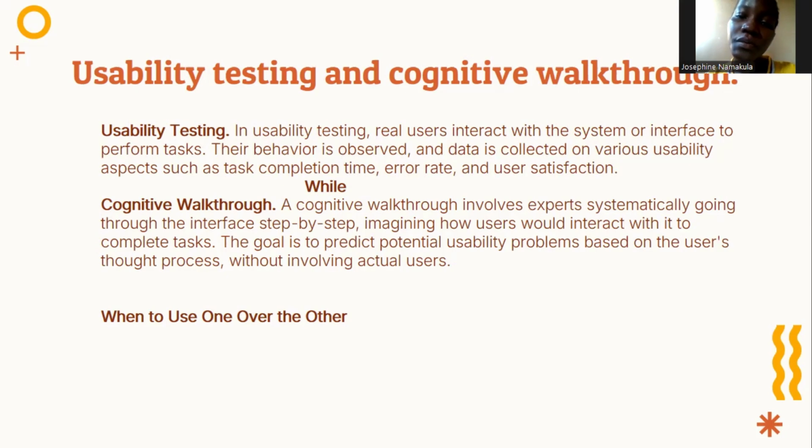Their behavior is observed and data is collected on various usability aspects such as task completion, error rate, and user satisfaction. While a cognitive walkthrough involves experts systematically going through the interface step by step, imagining how users will interact with it to complete tasks. The goal is to predict potential usability problems based on user thought processes without involving actual users.